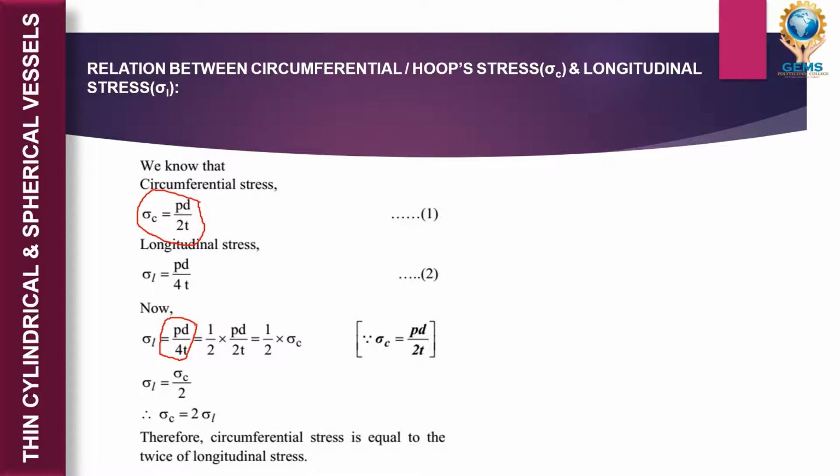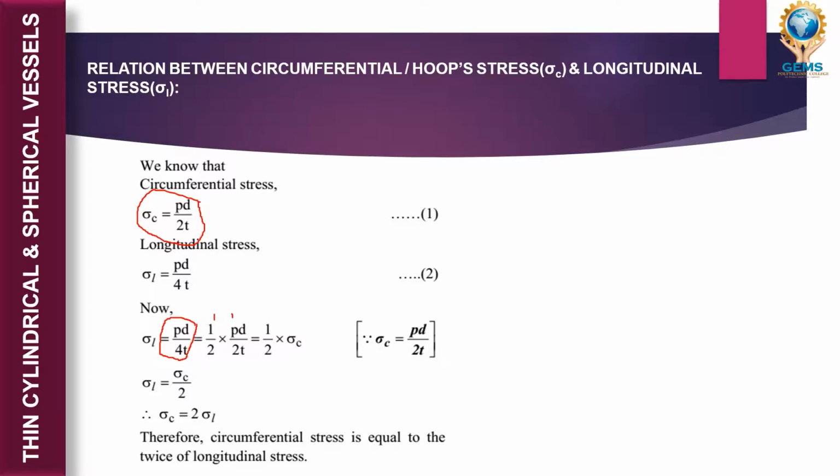We split PD divided by 4T into half into PD by 2T, and when we combine them it gives the same value, PD by 4T. So our value is not altered. That is the main concept.